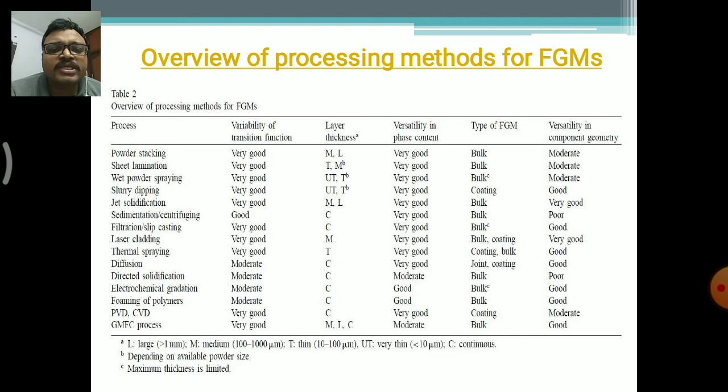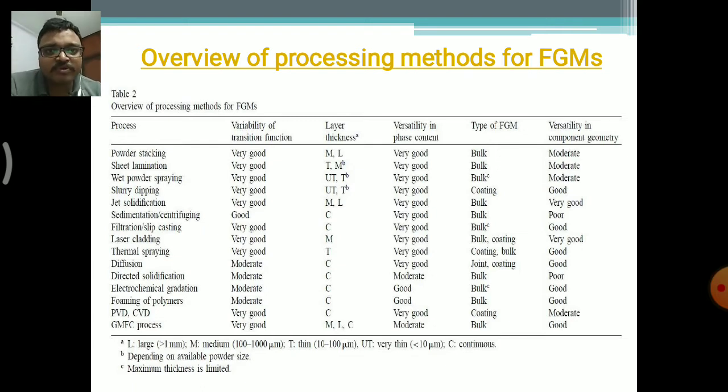We are taking here PVD and CVD as main processes, also electrochemical gradation and diffusion. So in FGMs, several types of process can be used for the processing of FGMs. The next column is the variability of transition function. What is the overall condition of the process?